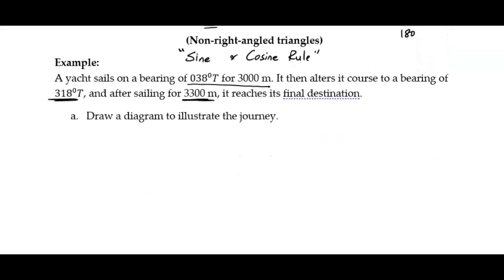Right, so what I'm going to do here is obviously I've been given the space to draw this diagram. Because I'm going to go right first, followed by left, I'm going to start my diagram on the bottom section of this page. The first part is to draw my true bearings, or a compass, just to represent my north direction. And the first part of the journey is on a 38 degrees true bearing for 3,000 meters.